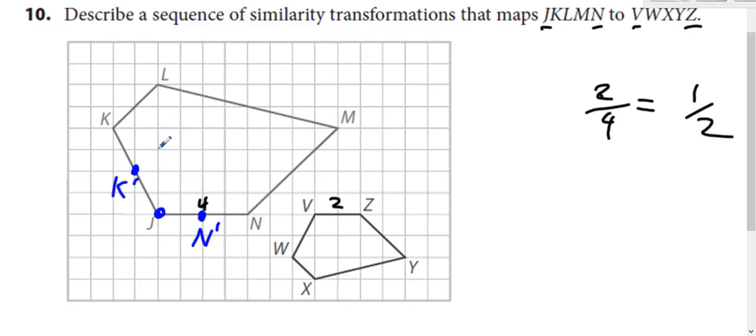L is currently 6 units straight up. Half of that would be 3 units straight up. And then M, currently 1, 2, 3, 8 units to the right and up 4. We have to cut that in half. 4 units to the right and up 2.